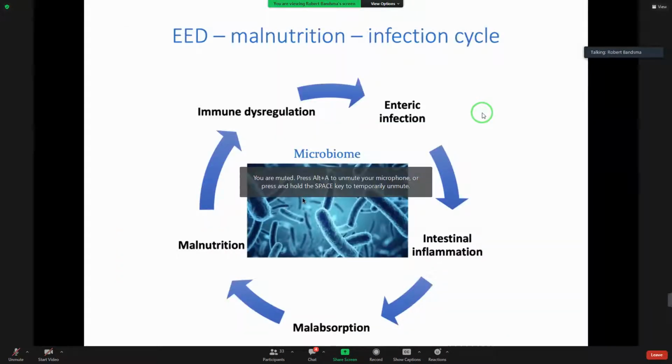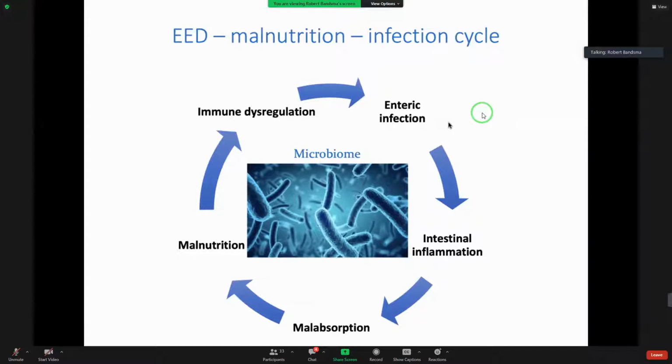So this is another way of presenting that cycle, that's a downward spiral, actually. I presented it here as an infection cycle. It potentially starts with susceptibility to enteric infection.